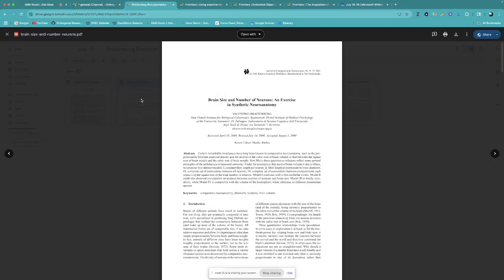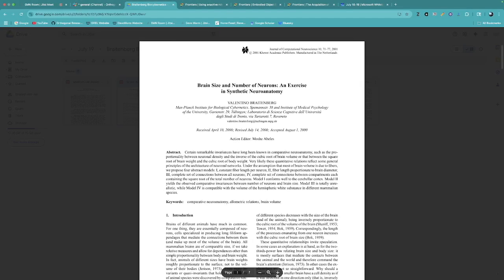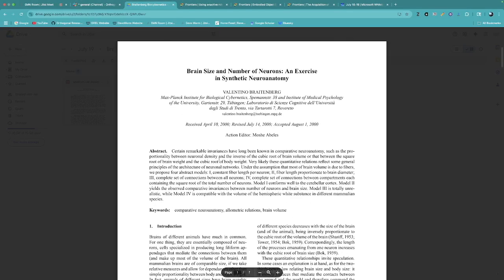The second paper is this, brain size and number of neurons, an exercise in synthetic neuroanatomy. This is more recent. This is from 2001. And so he kind of gives these different models of sort of invariances in comparative neuroanatomy. So let's go through the abstract.